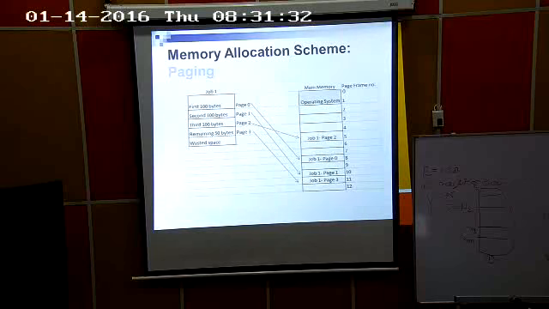Page 0 slots into page frame number 8, page 1 will slot into page frame number 10, page 2 will slot into page frame number 5. Non-contiguous, as long as your task completes. That's the main concept.